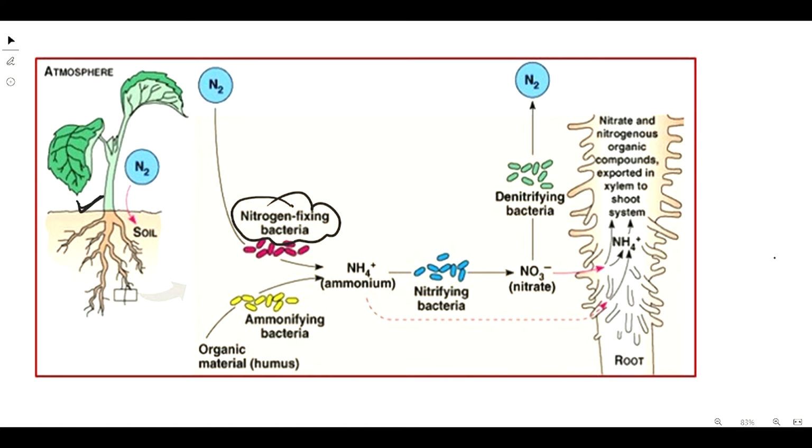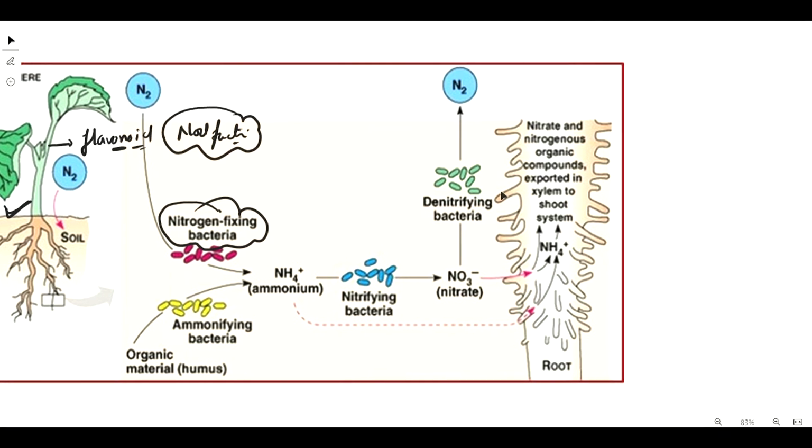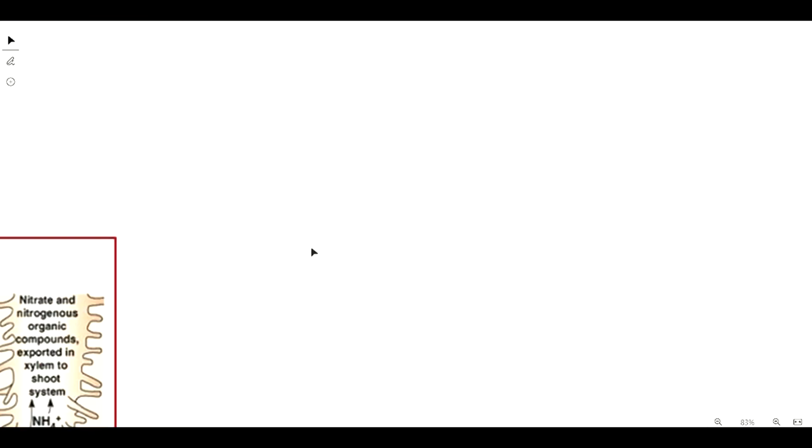Then the plant produces the flavonoid inducer molecule, and that molecule induces the production of the signaling molecule from the Rhizobia, known as nod factors. Now we are going to talk about how these nod factors are responsible for the formation of nodules.